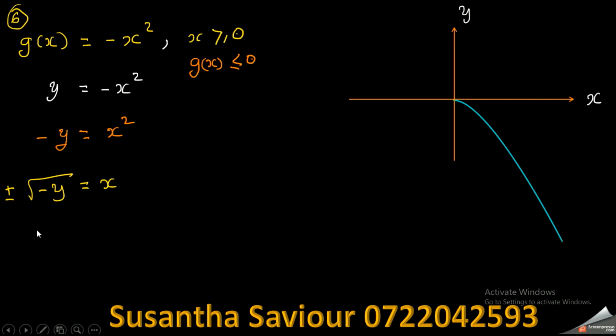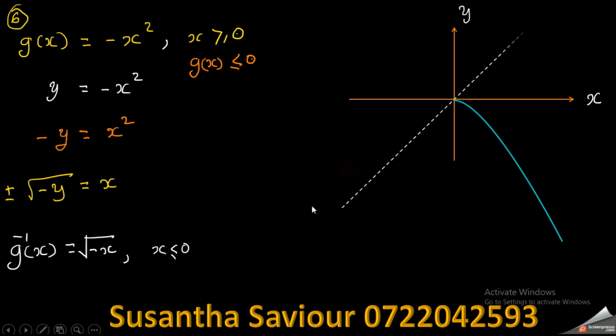Therefore we have to say g inverse x is positive minus root x, x is less than 0. So we can sketch this. First we draw this line y equals x, and then reflect this one onto this side like this. This is the inverse, this is the original. Okay, I have always used this blue for the original and red for the inverse, right?